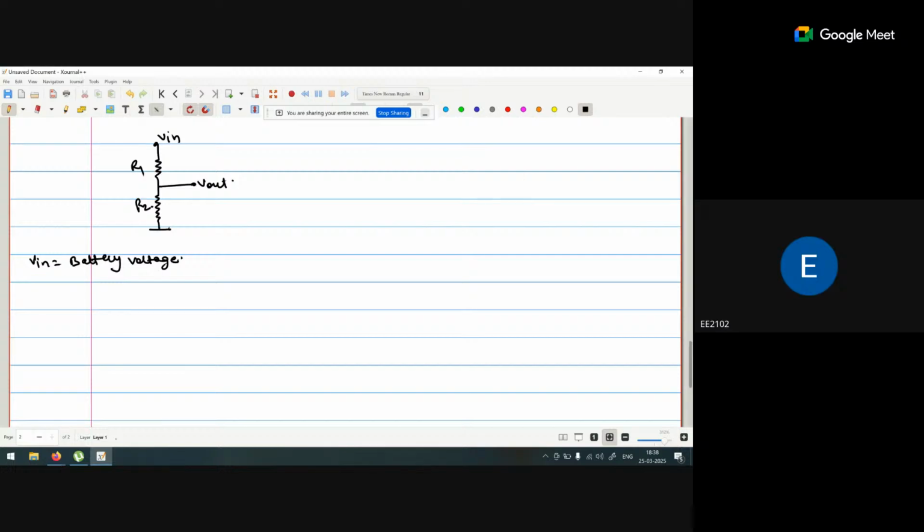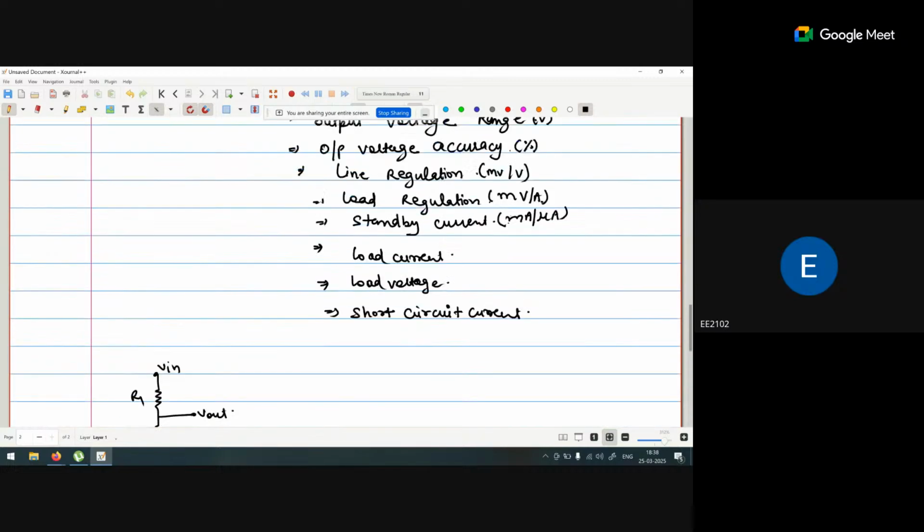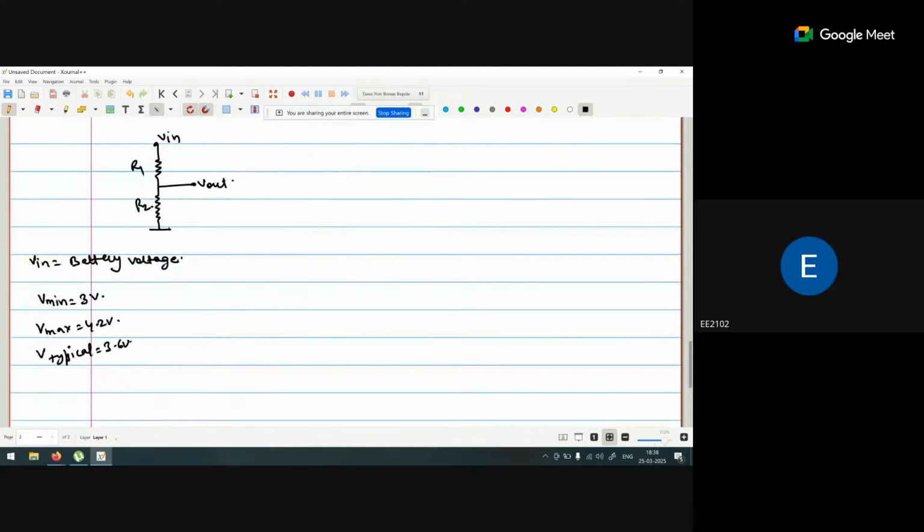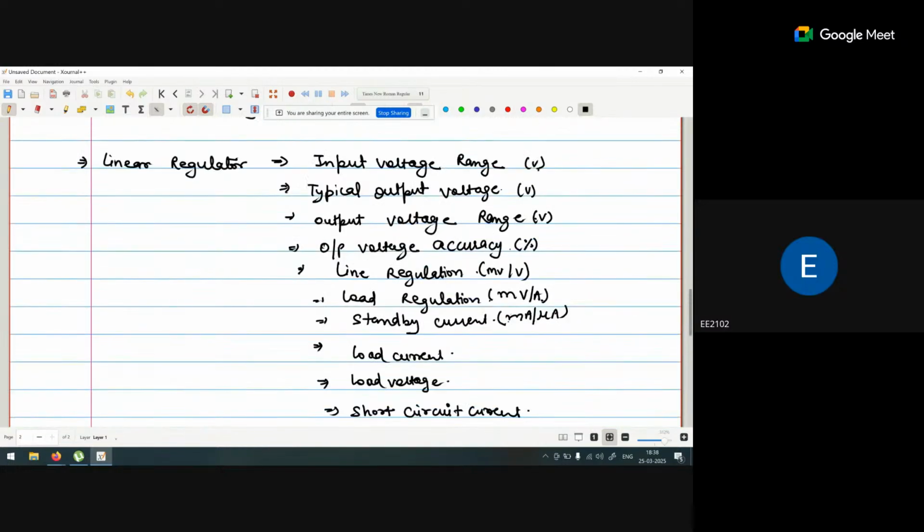The minimum is 3 volts, the maximum is 4.2 volts, and the typical is 3.6. Generally, we are using the battery. Now, first is the input voltage range. So, input voltage range is generally 3 to 4.